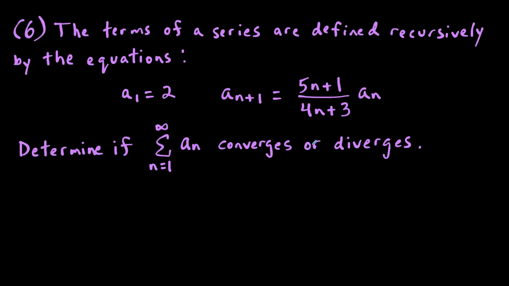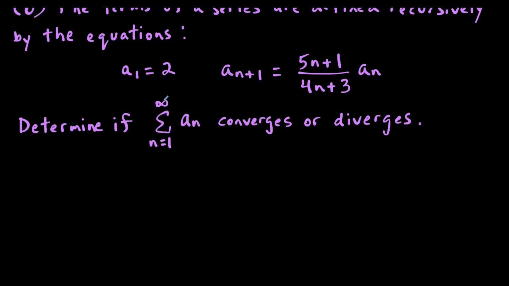Now, for the last question here, we have the terms of a series are defined recursively by these equations, and we want to determine if the series from n equals 1 to infinity of a sub n converges or diverges. So what we want to do here is we're just going to do a little bit of algebra, and you see how we have these recursive equations. So we want to come up with an equation for a sub n plus 1 over a sub n.